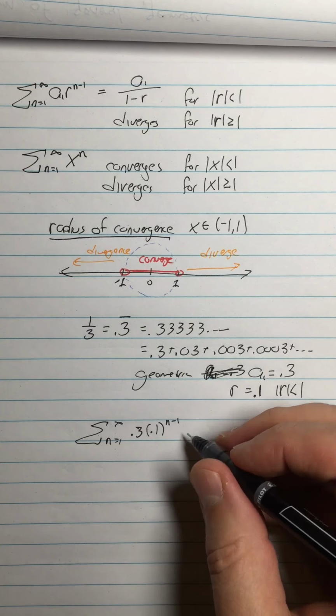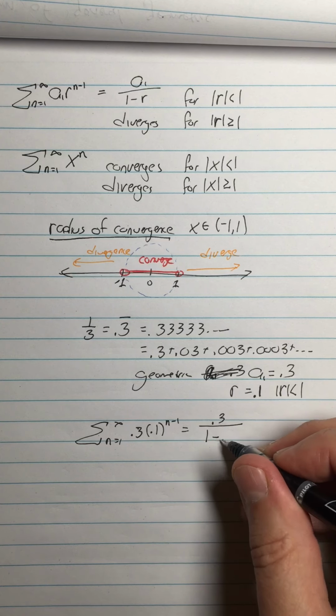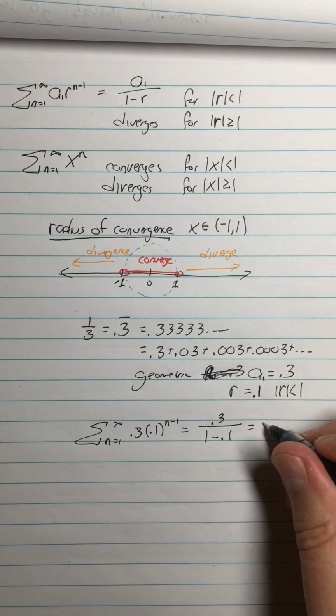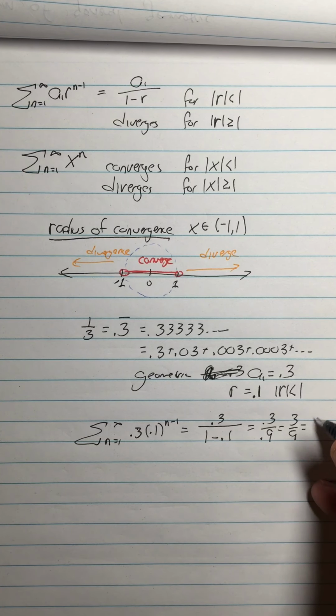So this should equal a sub 1, which is 0.3, over 1 minus r, 1 minus 0.1, which equals 0.3 over 0.9, which equals 3/9, which equals 1/3.